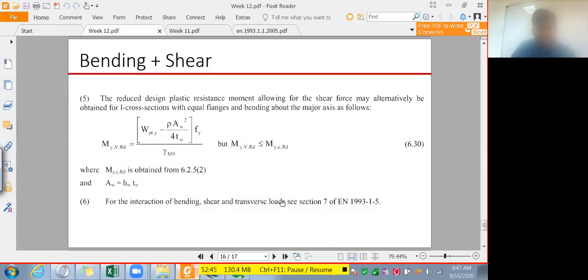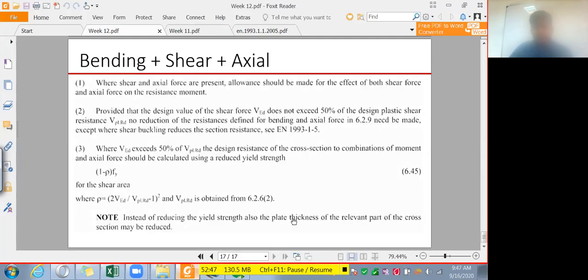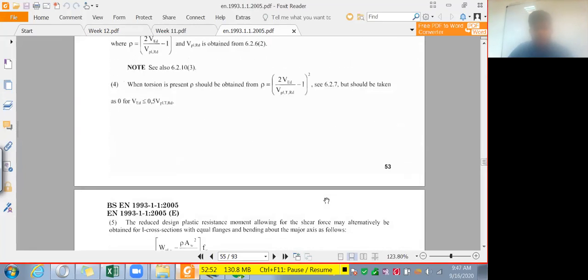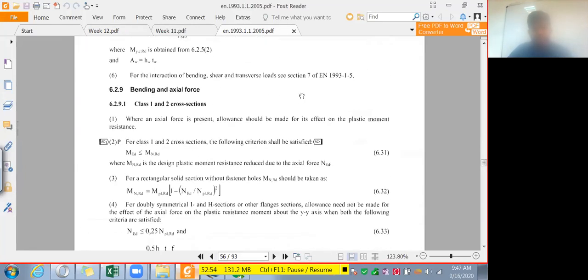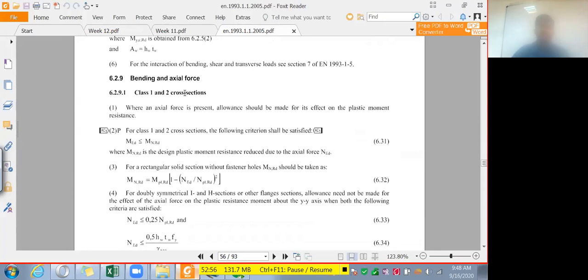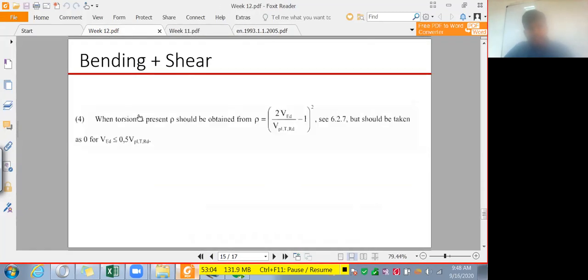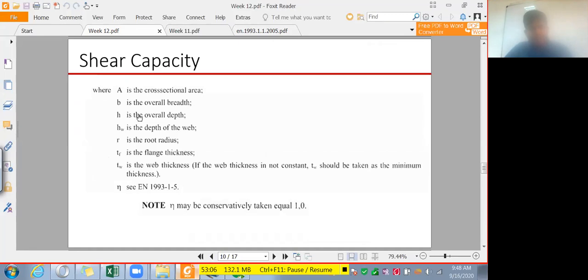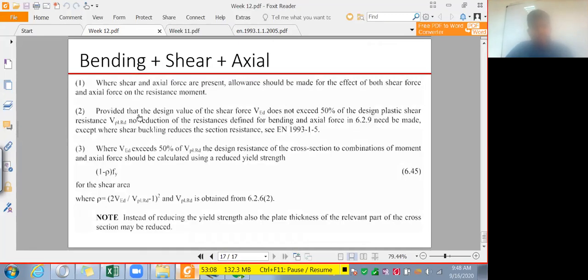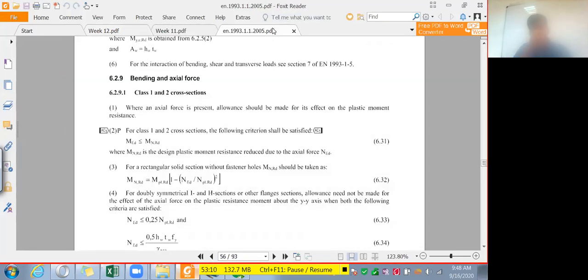And suppose you have bending, shear and axial force. For example, 6.2.9 is bending and axial. We have seen shear capacity, bending and shear, and now bending, shear and axial.